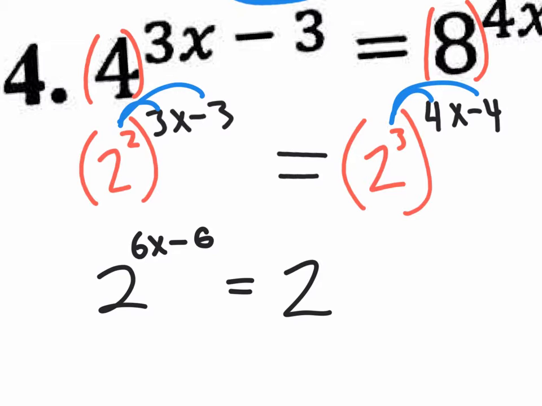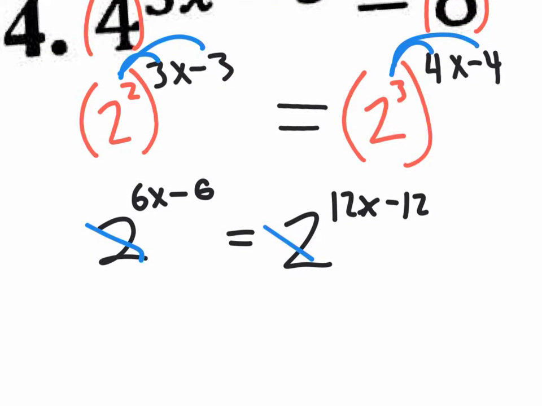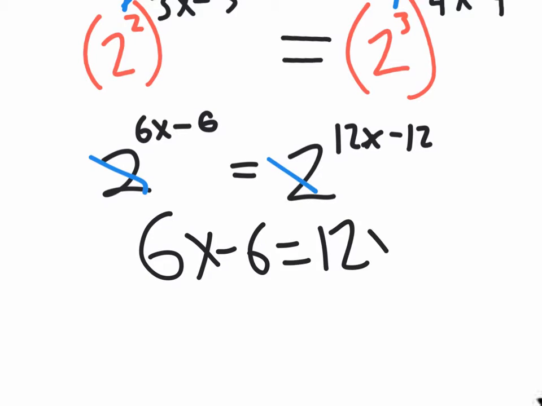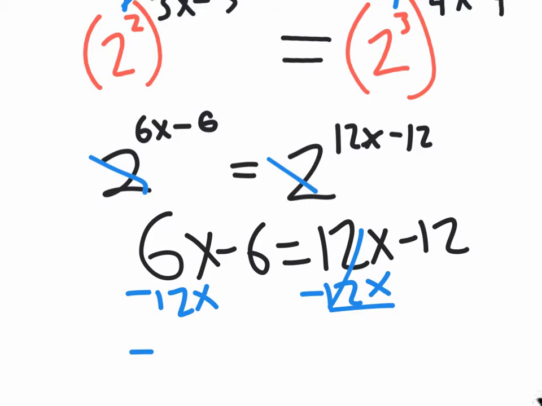You guys with me? Now that we have the same base 2, you could just scratch out the 2's, cancel them out. Your new simple equation will become 6x minus 6 equals 12x minus 12. And you could move the numbers to the one side, subtracting 12x. Subtracting 12x, you're going to get negative 6x.